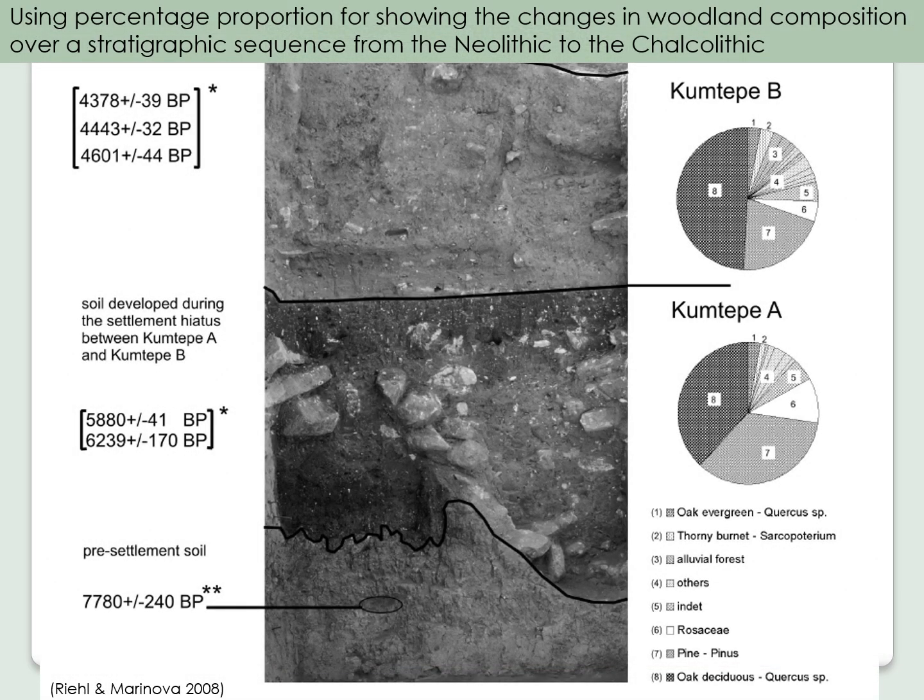Percentage proportion is easy to calculate on the basis of the total of records in one sample. Here an example how percentage proportion is used for demonstrating the changes in woodland composition over a stratigraphic sequence from the Neolithic to the Chalcolithic.